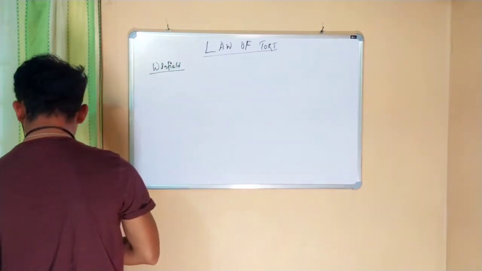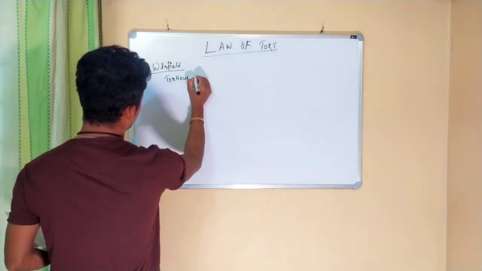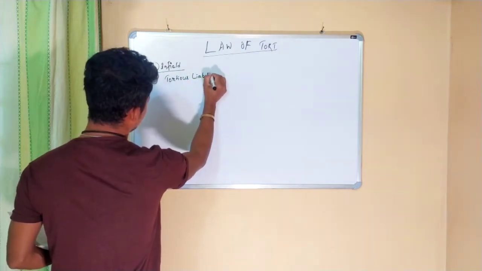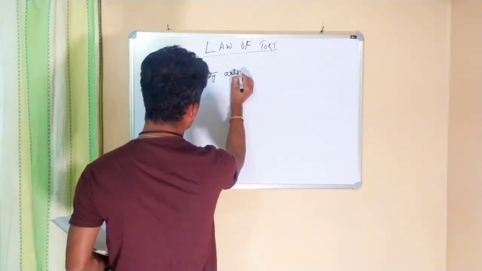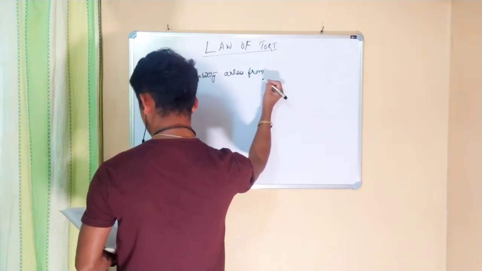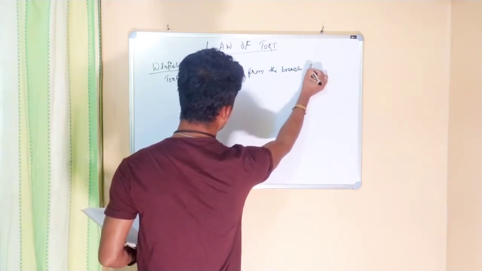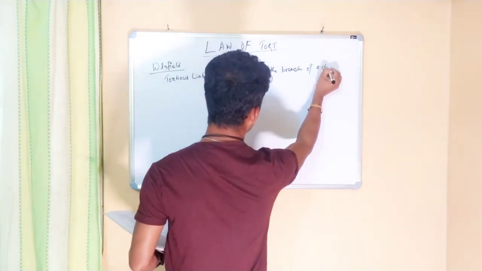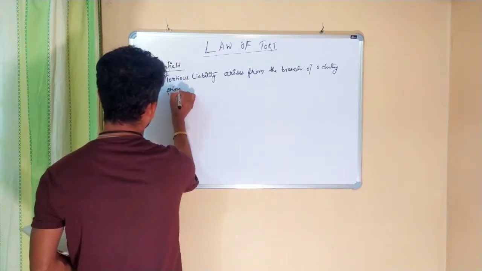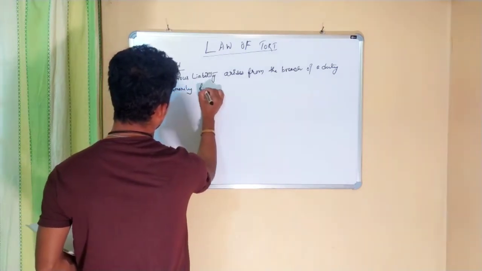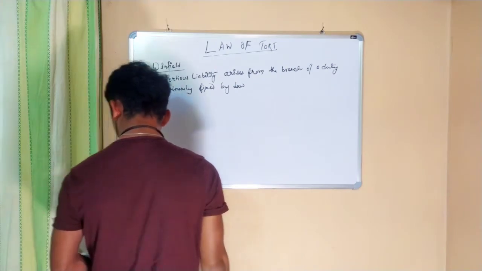So we said tortious liability arises from the breach of a duty primarily fixed by law.